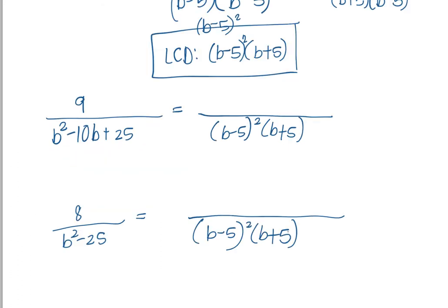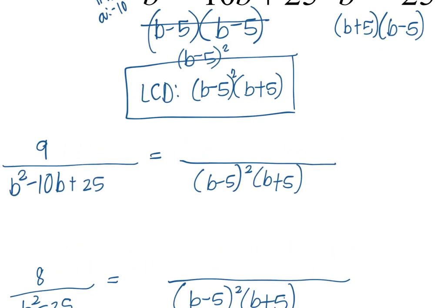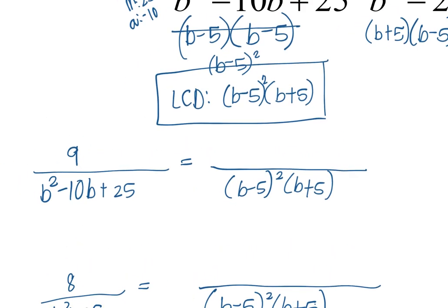Now we want to take that LCD and rewrite both of those expressions so that the denominator is the LCD. For b squared minus 10b plus 25, what do I need to multiply that by to make it equal b minus 5 squared times b plus 5? It may help to rewrite it in its factored form, b minus 5 squared.